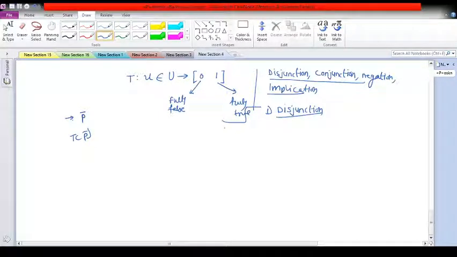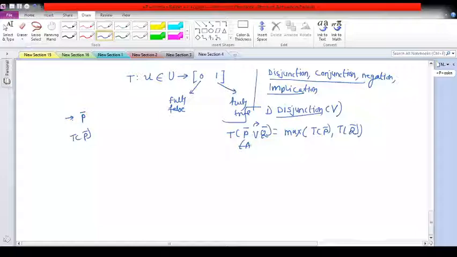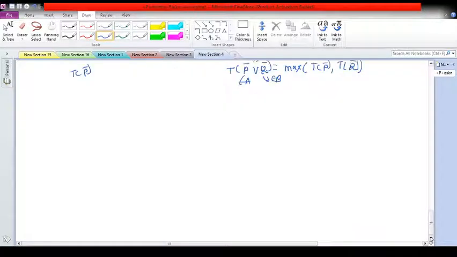Suppose disjunction is to be represented with this symbol. So the truthness of p bar disjunction with q bar can be represented as, since it is the disjunction, the max operator: the maximum of truthness of p bar and truthness of q bar, where p bar belongs to fuzzy set A and q bar belongs to fuzzy set B. We know that.